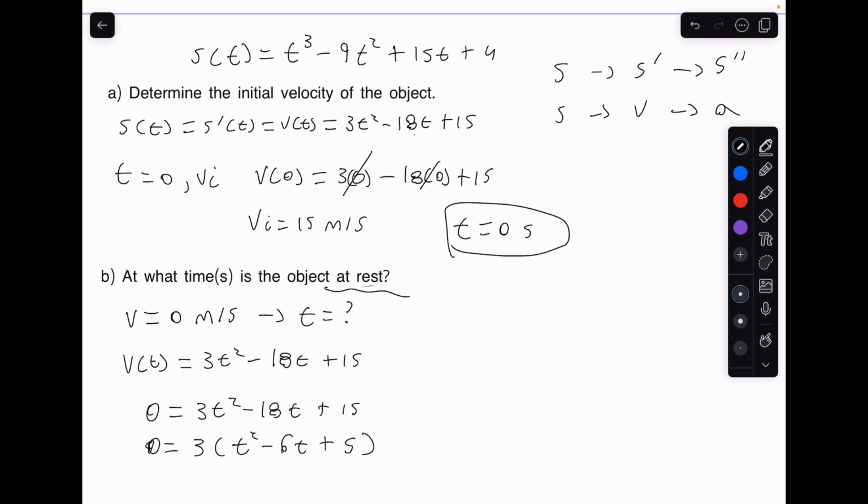So now it's just an easy trinomial. 0 is equal to 3 times t squared minus 6t plus 5. What are two numbers that add to negative 6 but multiply to positive 5?